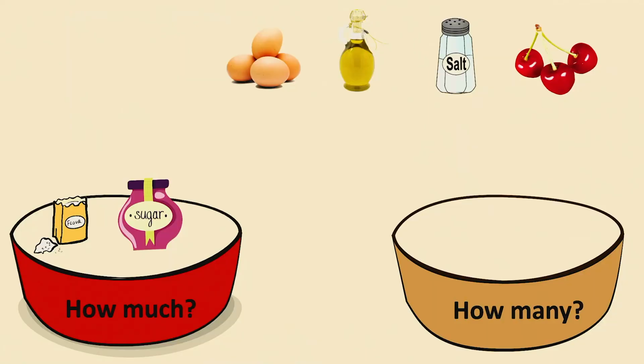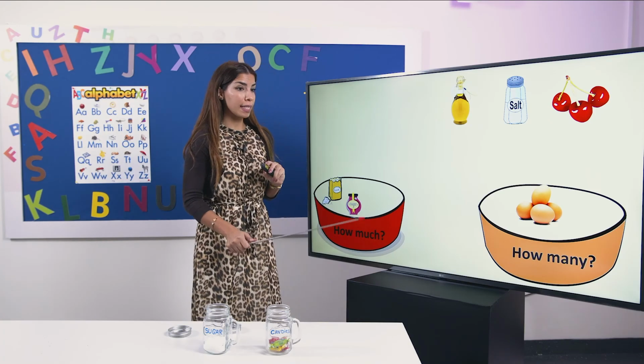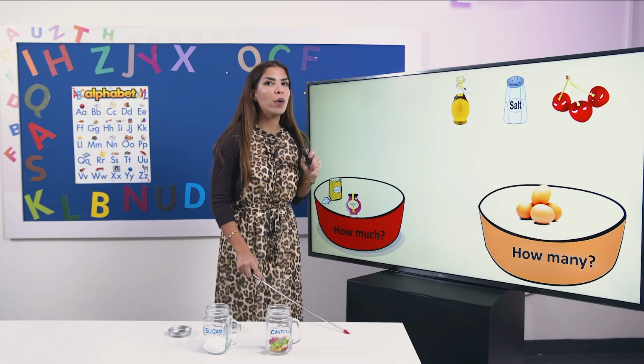Great job. Eggs. Do we ask how much eggs do you need, or how many eggs do you need? Eggs. Are they countable or uncountable? Think very well. Yes, very good. Eggs are countable. So, we ask how many eggs do you need for your cake? And what about oil? Do we ask how much oil do you want, or how many oil do you want?